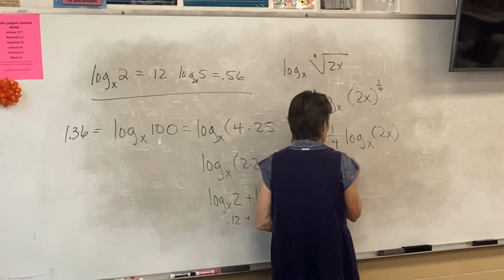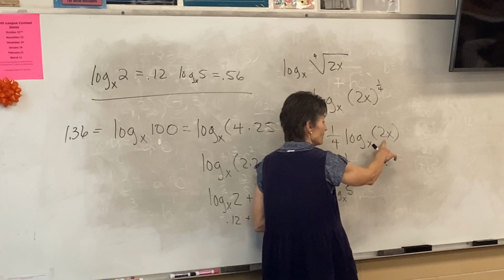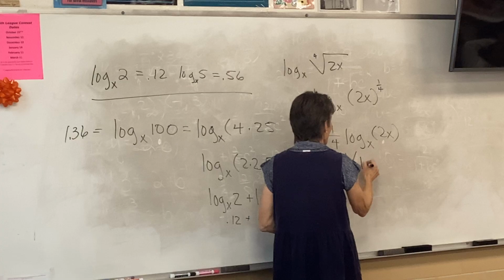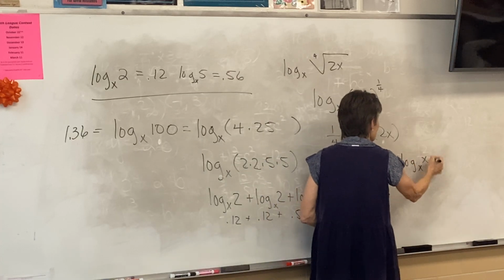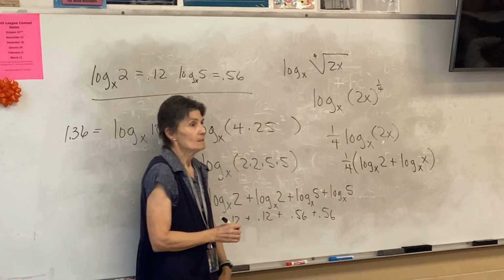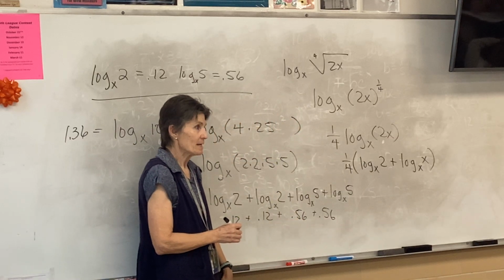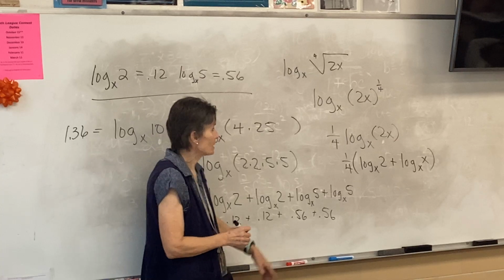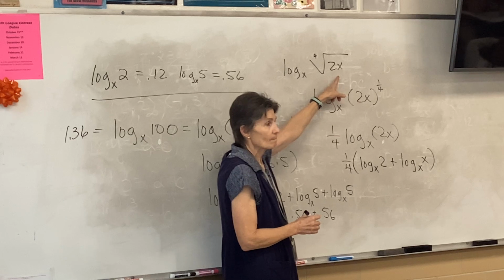Now, these guys right here are being multiplied, which means when I expand it, it will be expanded as an addition. Now notice I put parentheses because the 1/4 goes with both. Would you agree with that? Sure does. So what does it look like separate?